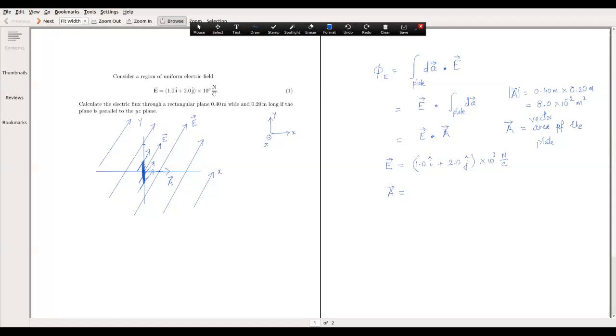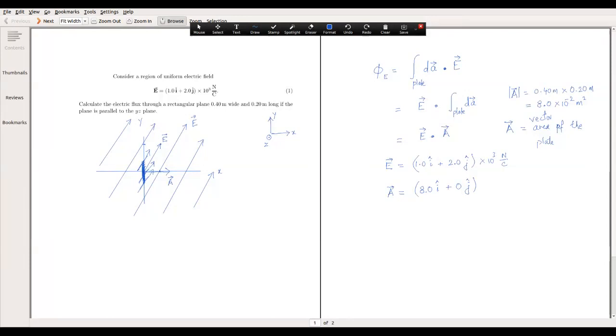So we have the area, I will write it as 8.0 into 10 raised to minus 2, times i hat plus 0 j hat. There is no direction for the vector area in the j hat direction. It's purely in the x hat direction.